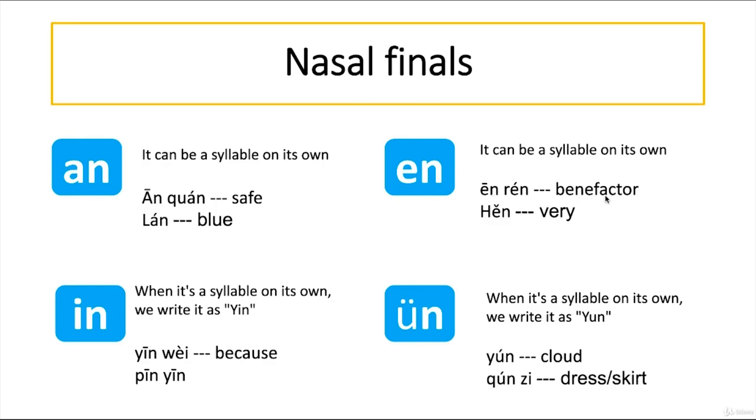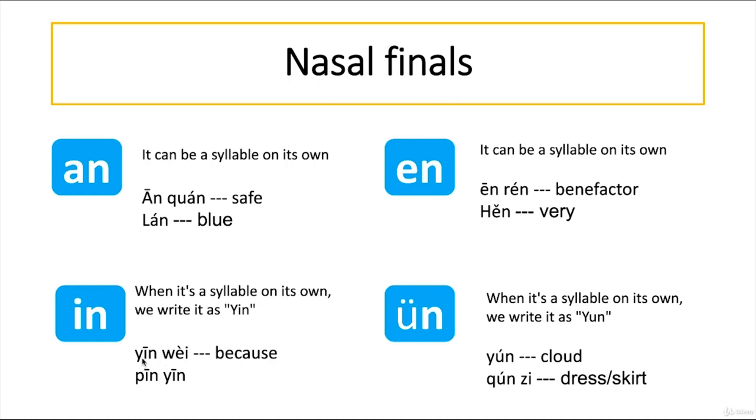Read it after me. Yin. When it's a syllable on its own, we write it as yin, but it doesn't change the pronunciation. We just write it in a different way. For example, 因为 means because.